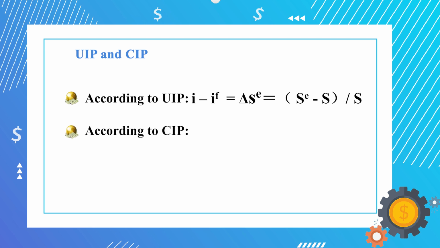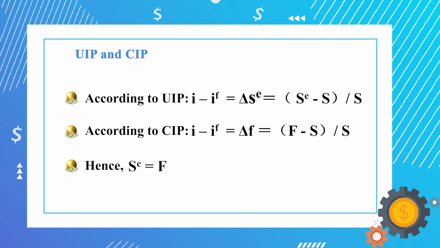According to CIP, we have domestic interest rate minus foreign interest rate equals delta F, which equals forward rate minus spot rate over spot rate.